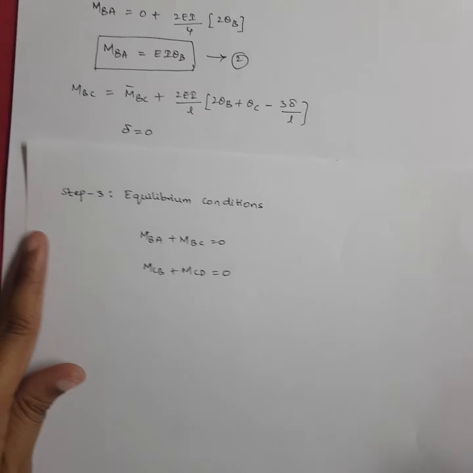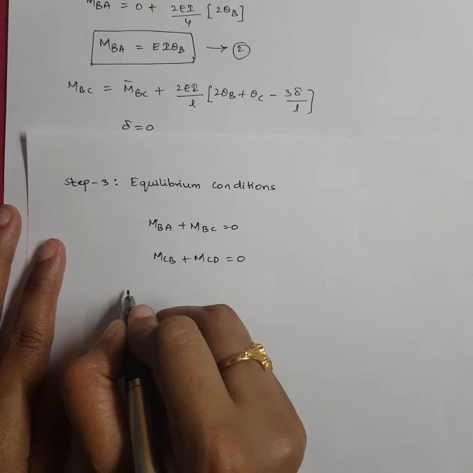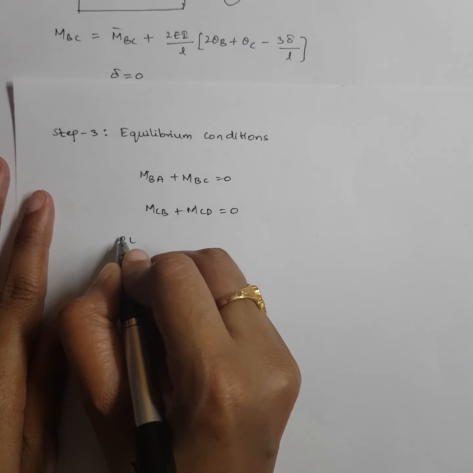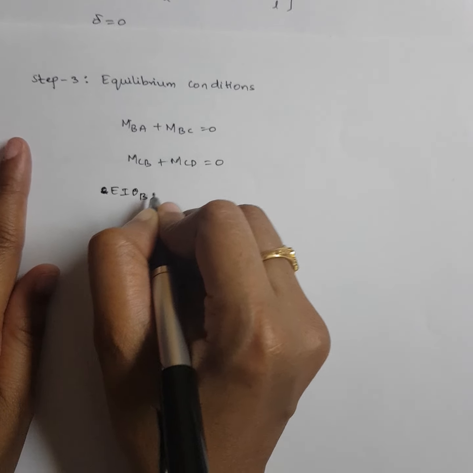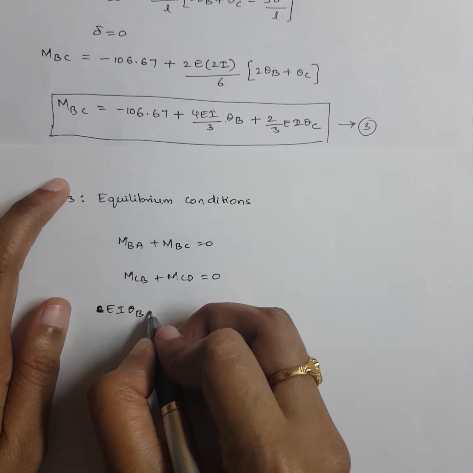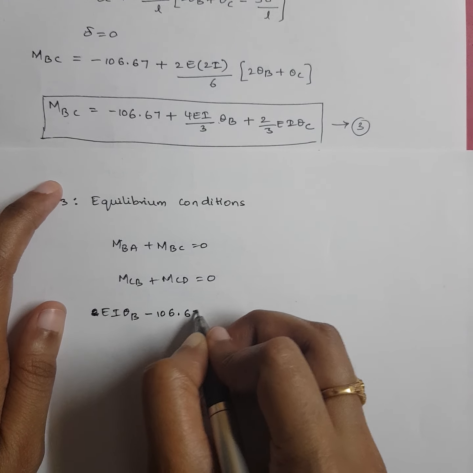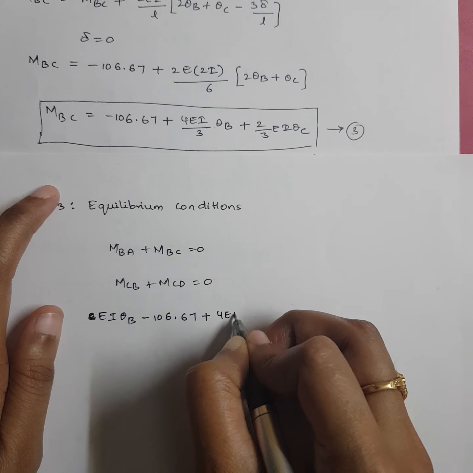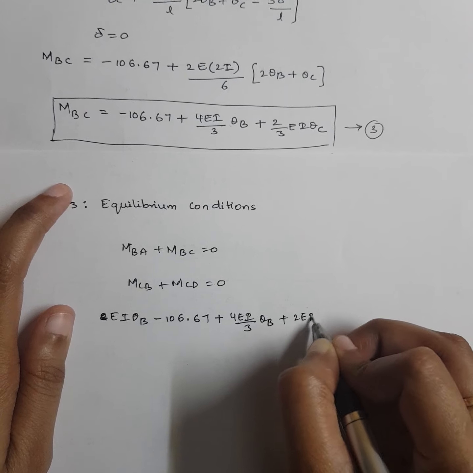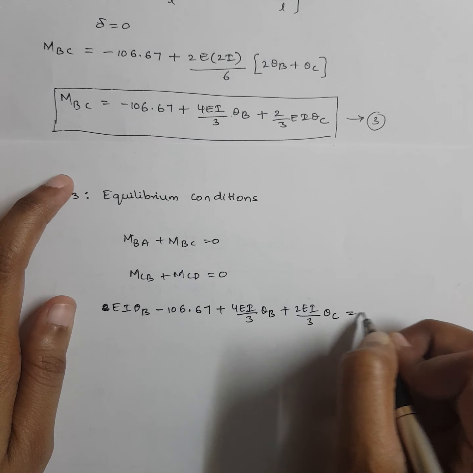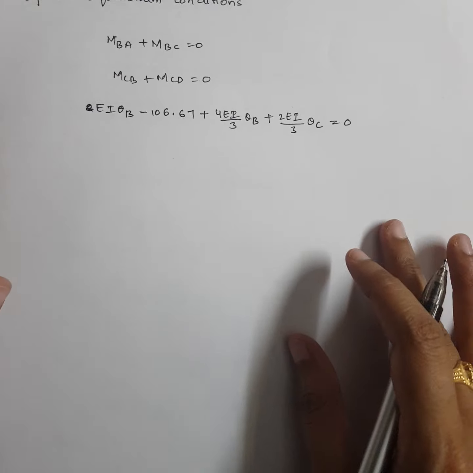So what was our MBA? MBA means EI theta B plus MBC is minus 106.67 plus 4EI by 3 theta B plus 2EI by 3 theta C should be equal to 0. I'll just simplify this equation.